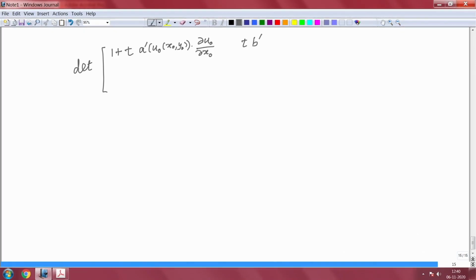Here the derivatives a prime and b prime are with respect to the corresponding variable, namely dA by du, dB by du, and this is del u 0 by del x 0.